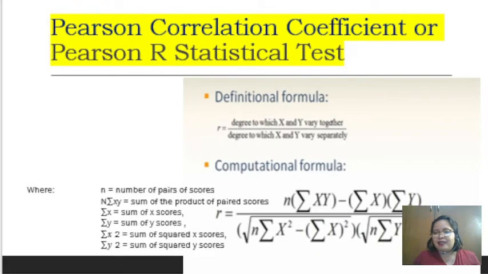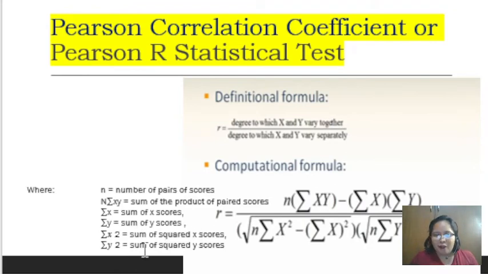So using the computational formula of Pearson's R, okay, where n is the number of pairs of scores, okay, and Σxy, or this is the sum of the product of paired scores. Next, Σx, the sum of x scores.